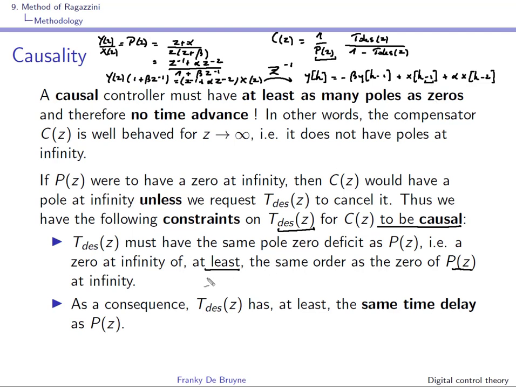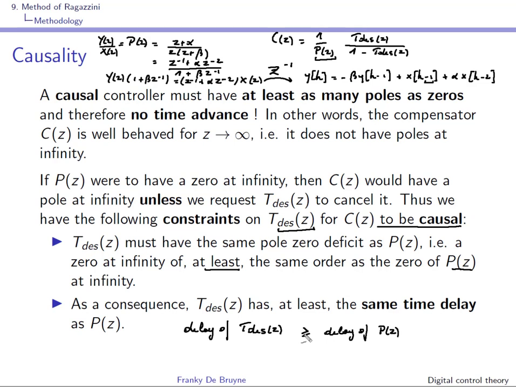This constraint on the number of zeros at infinity can be translated in terms of time delays. What we say here is that the delay of the desired transfer function should be larger or equal to the delay of the process.